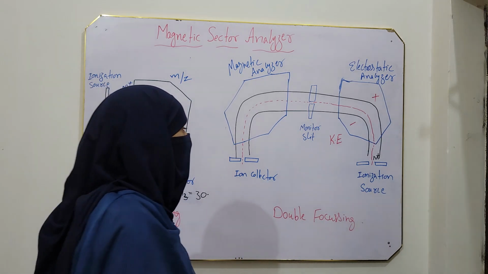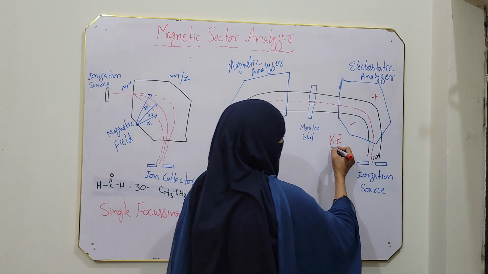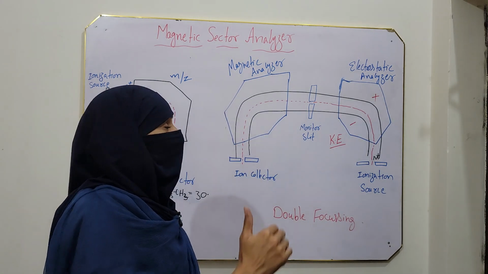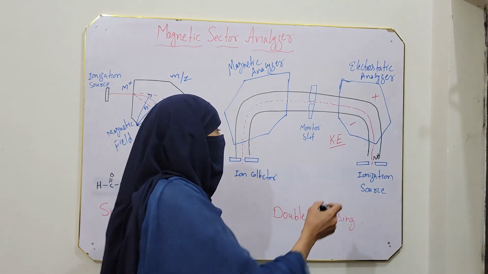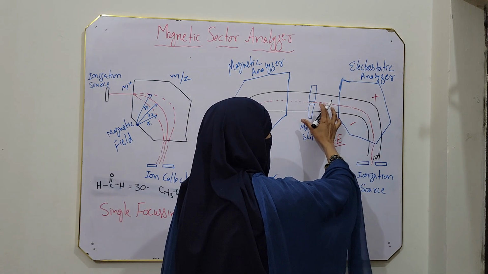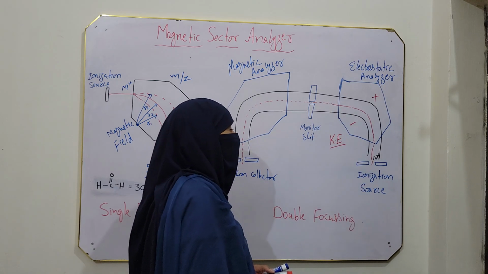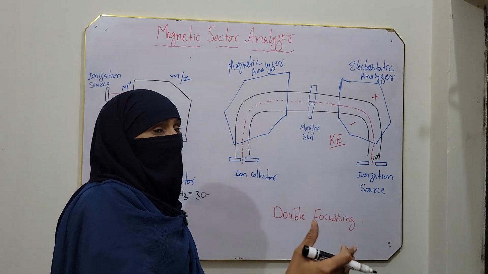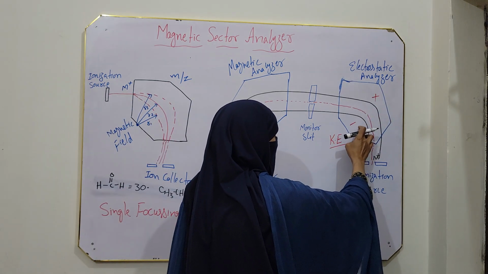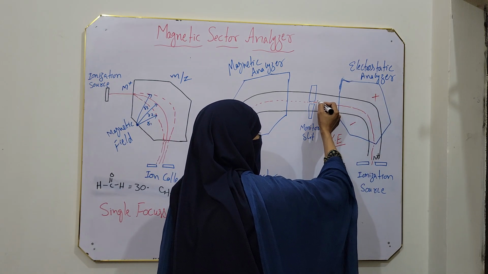The electrostatic analyzer separates these ions on the basis of their kinetic energy. So ions with different kinetic energy move through the electrostatic analyzer and are separated. So the first separation of ions occurs according to their kinetic energy.